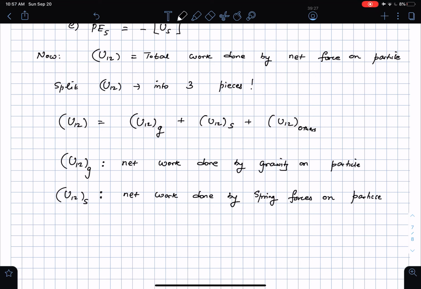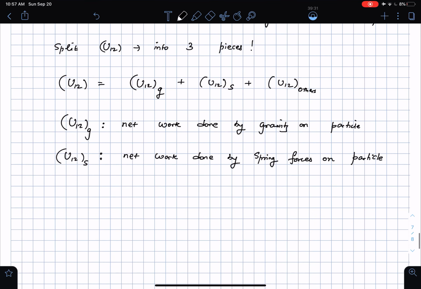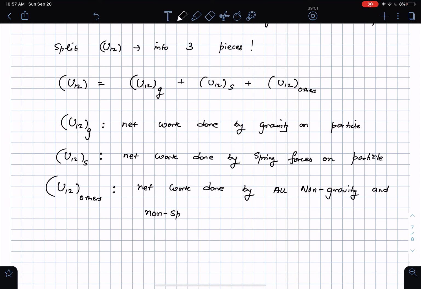That is supposed to be an L. And then U12 others is the net work done by all non-gravity and non-spring forces on the particle.